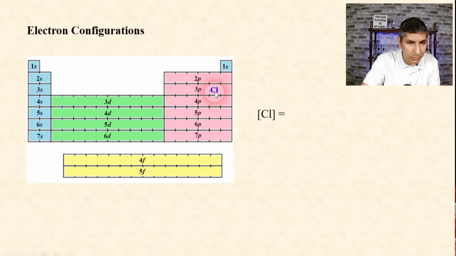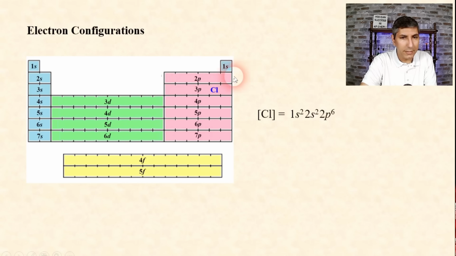So in the case of chlorine, which is right here, its electron configuration is 1s2, then we have 2s2, then 2p6, we have 3s2, and finally 3p5, because it's 1, 2, 3, 4, 5 boxes into that sublevel.